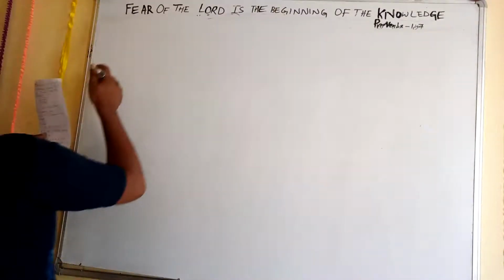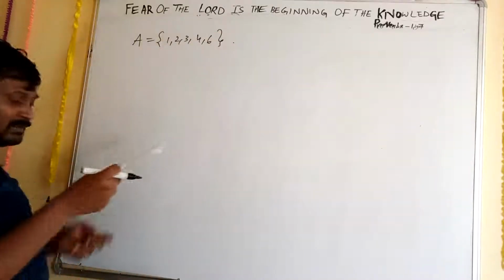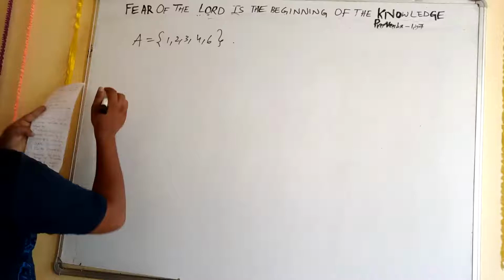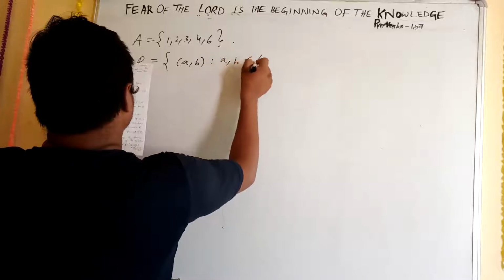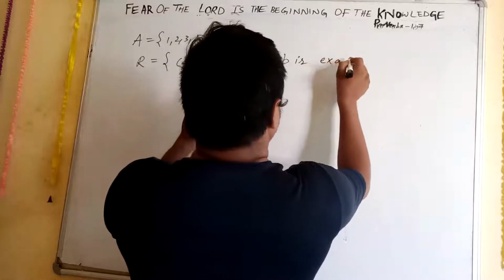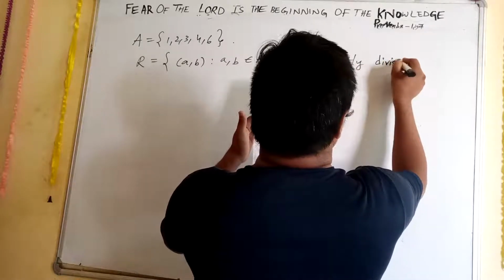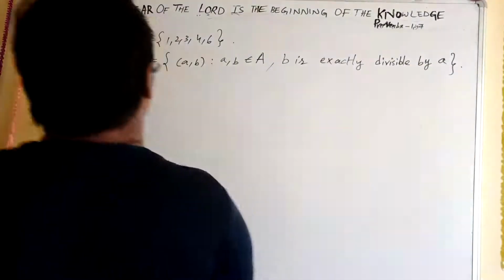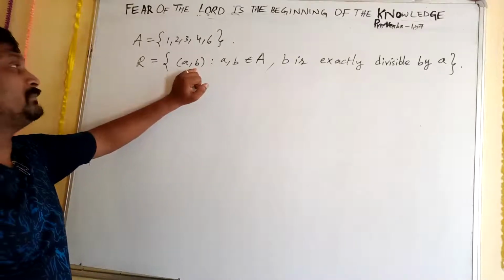Let A be given by {1, 2, 3, 4, 6}. Let R be the relation on A defined by R = {(a, b) : a, b belongs to A, b is exactly divisible by a}. So we need to find b exactly divisible by a.